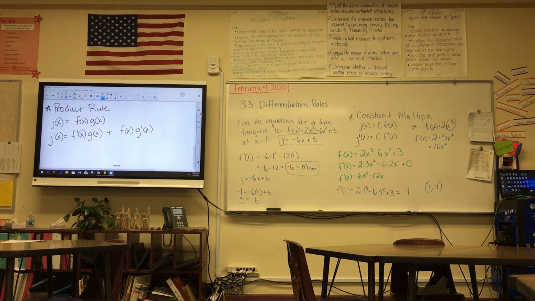So you take these two functions, you find the derivatives of both of them individually, and then you put them in this formula. And that will give you the derivative.